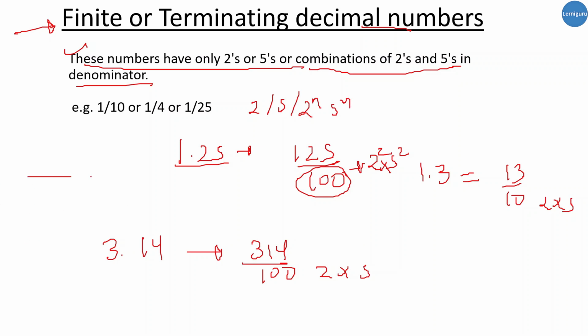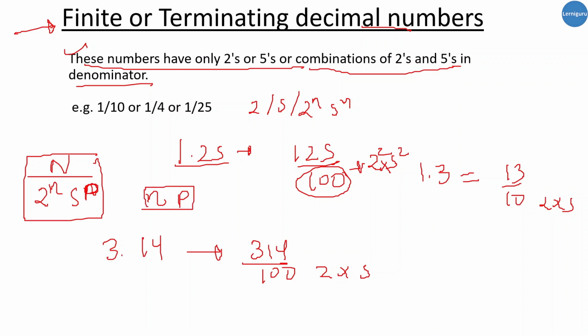Like suppose this number is written. Suppose this is mentioned. And let's say we can take different n and p. So n and p are integers. To simplify, let's take positive integers. Positive integers, as you all know, are natural numbers.